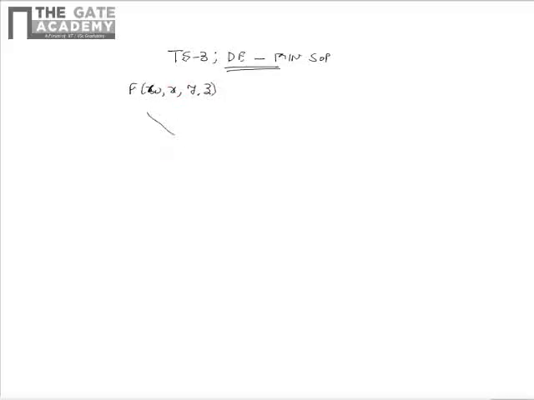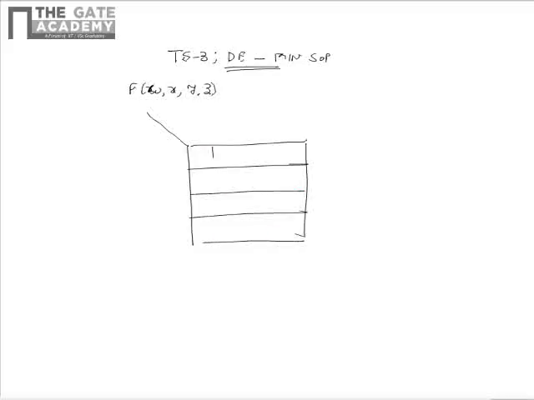The 4-variable expression is represented by the truth table, which is as shown. The truth table corresponds to 4 variables w, x, y and z. wx are represented here and yz are represented here.